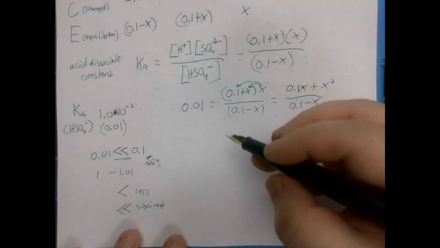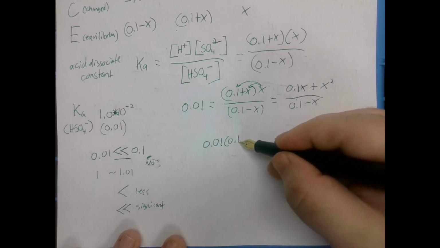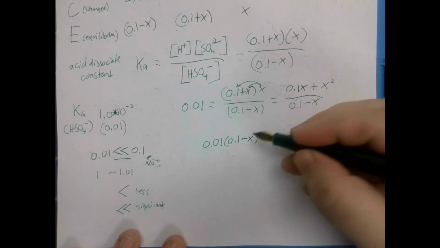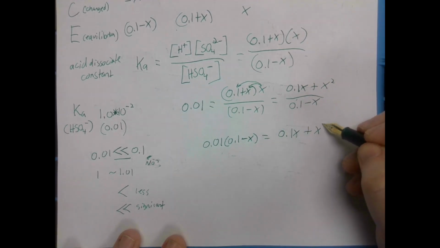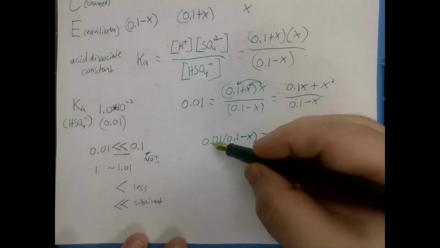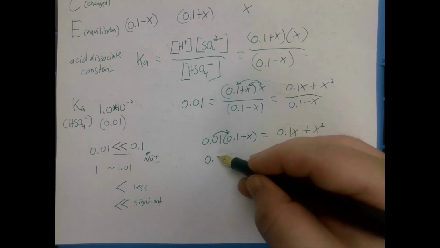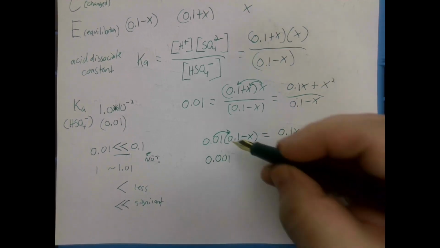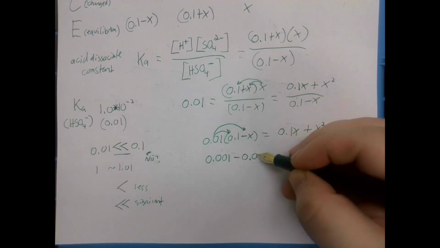Multiplying this to the other side, 0.01 times 0.1 minus x is equal to 0.1x plus x squared. Distributing this in, 0.01 times 0.1 is 0.001. And doing this times x gives you minus 0.01x.